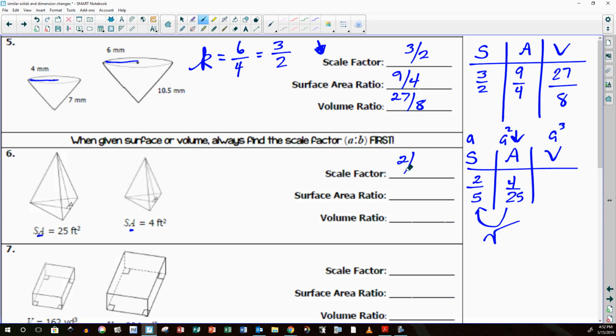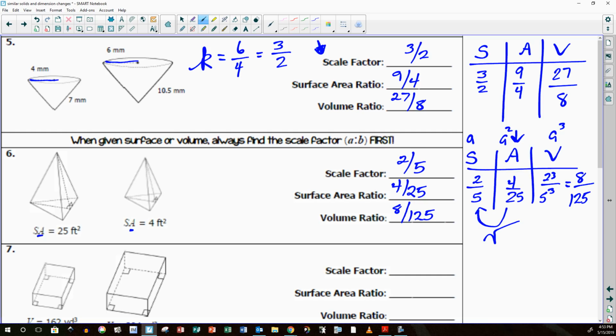So now my scale factor is 2/5. My area scale factor is 4/25, and my volume scale factor is still going to be cubed. So 2 cubed and 5 cubed. So this is 8/125.